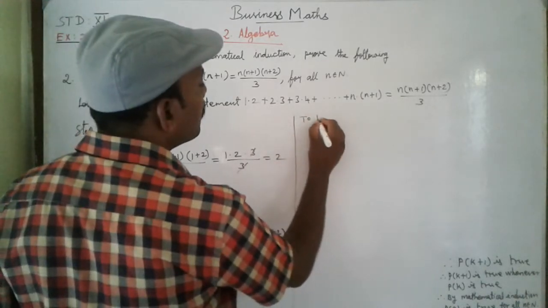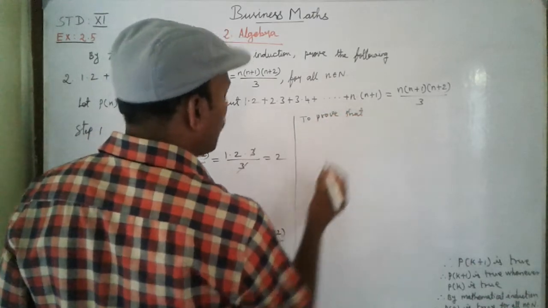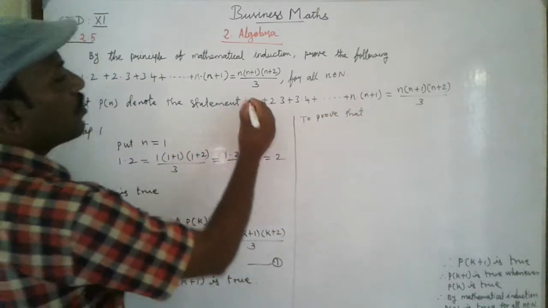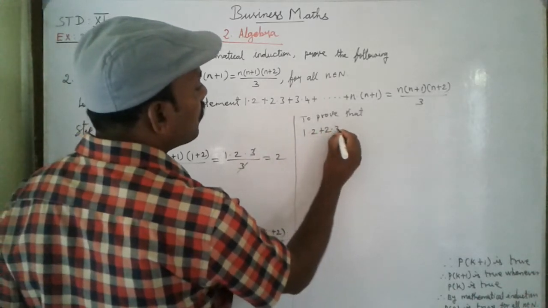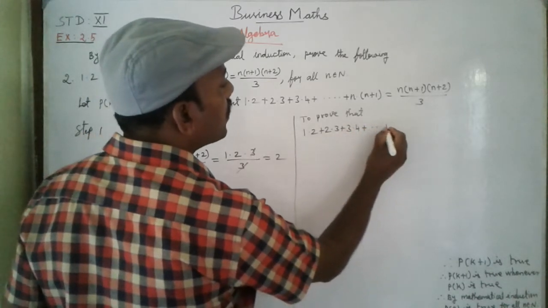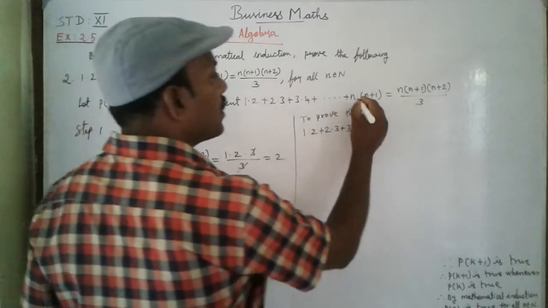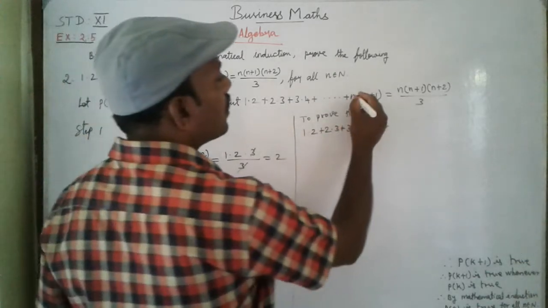To prove that, k is k+1. So 1 into 2, 2 into 3 plus 3 into 4 plus and so on, plus, n is k+1, we should substitute.